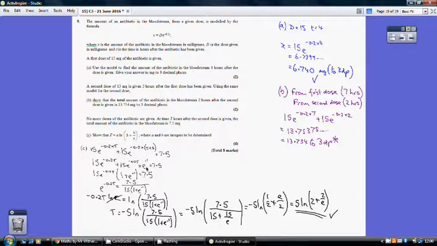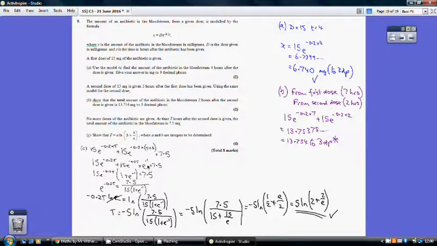So it's then just some quite complicated algebra really. Multiplying this out here, we're going to get 15e to the minus 0.2t times e to the minus 1. Minus 0.2 times 5 is our minus 1.